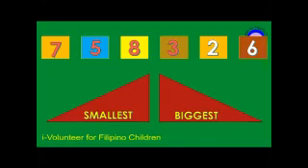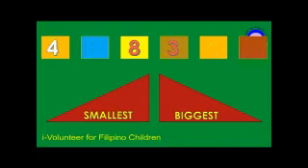The biggest number I can form is 876,532. The smallest number I can form is 2,589. The biggest number I can form is 9,852.